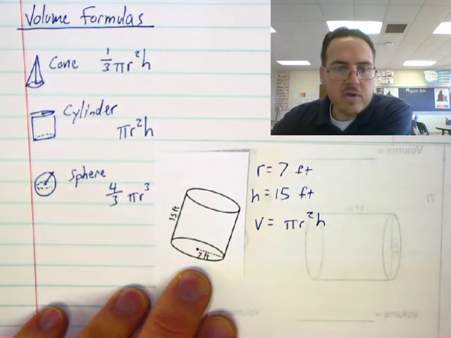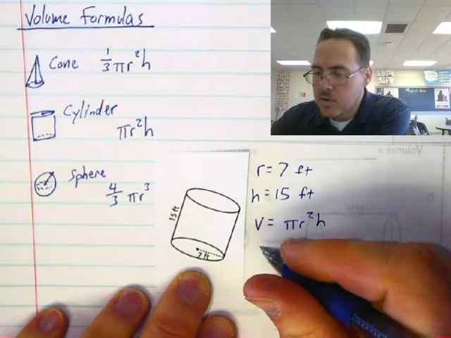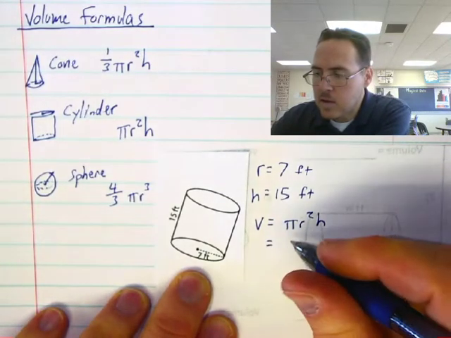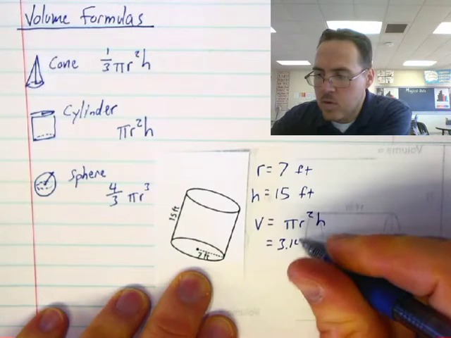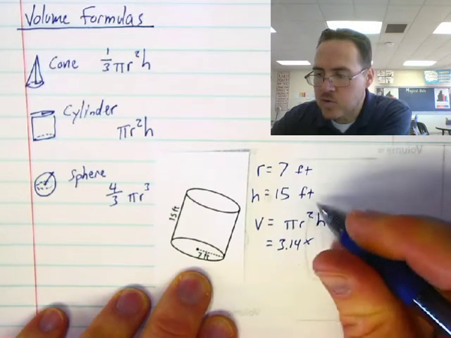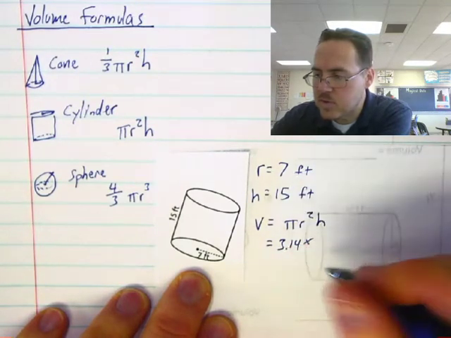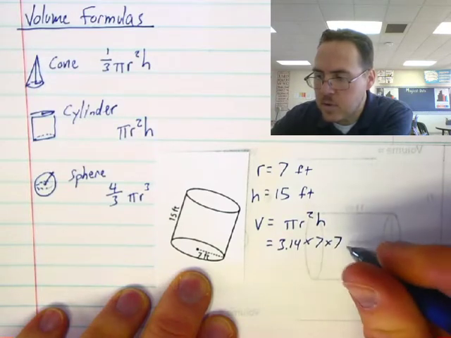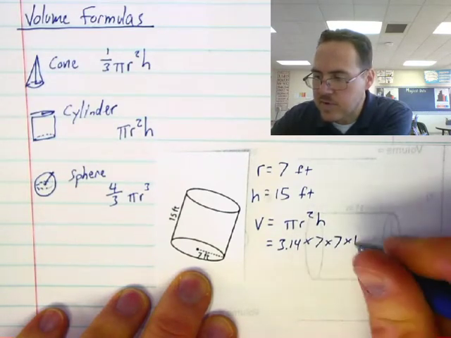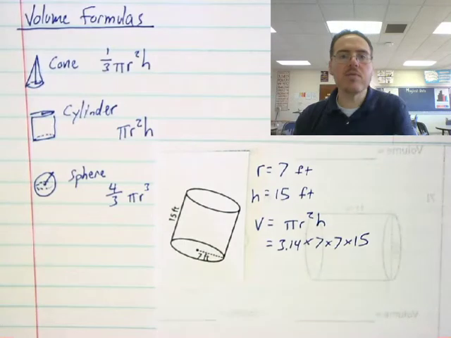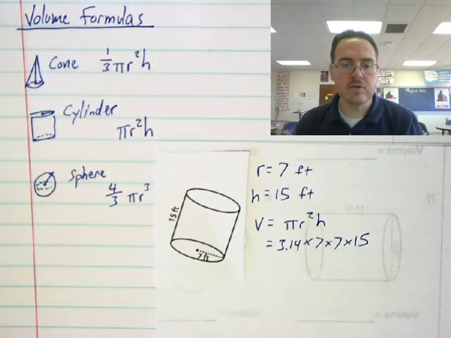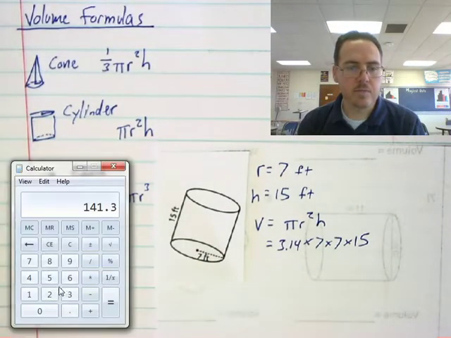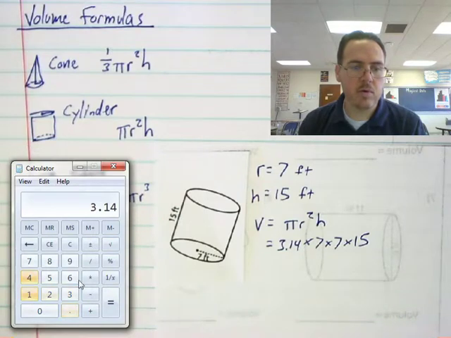Let's go ahead and fill in what we know. So that would mean 3.14 times the radius squared, two of those, that'd be 7 times 7, times the height, which is 15. Well, it looks like we already knew everything we needed. So let's just see what it calculates to. So what is 3.14 times 7 times 7 times 15?